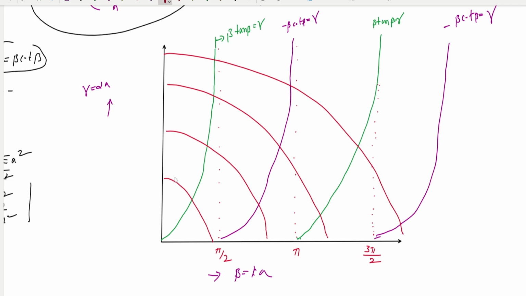This is n equal to 1, n equal to 2, n equal to 3, n equal to 4. So these dots are there, right? These are the symmetric functions.